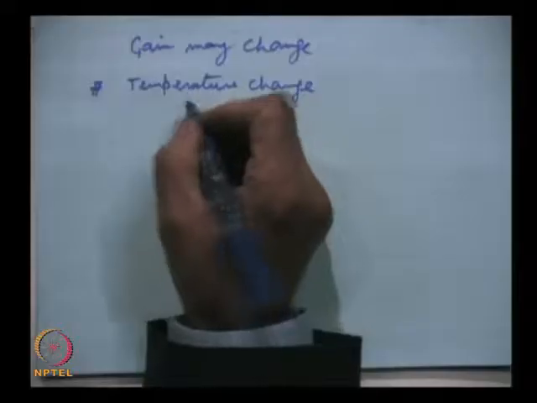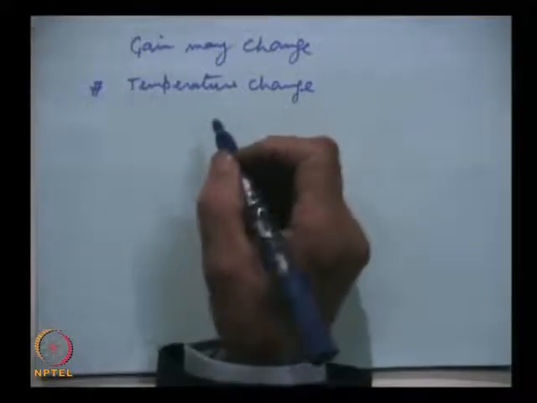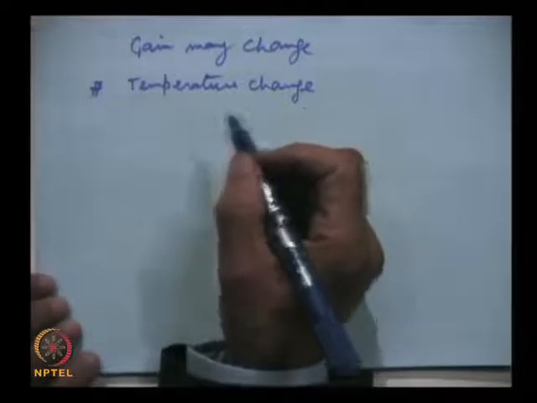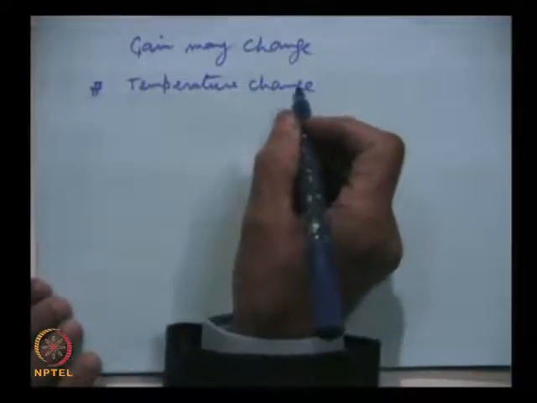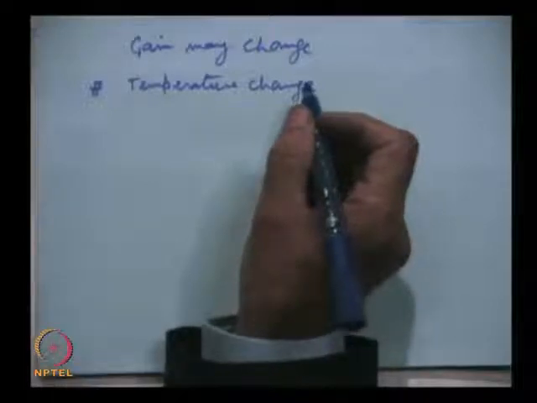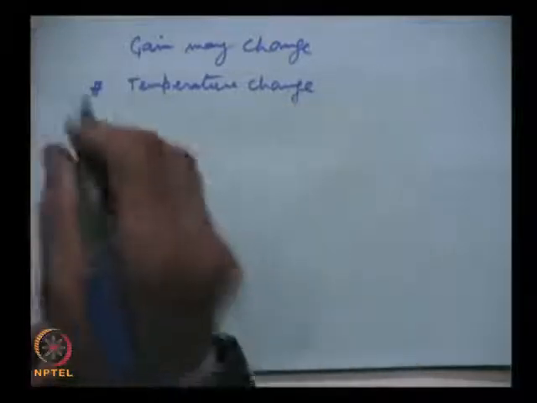More importantly, when we operate a circuit, there are power devices like transformers, etc., and there are semiconductors which are temperature sensitive, so the characteristics are bound to change. So temperature change is one factor which may influence the performance of the amplifier.